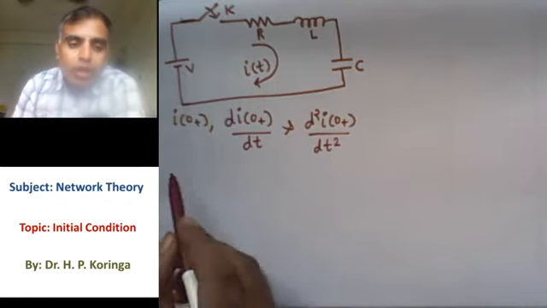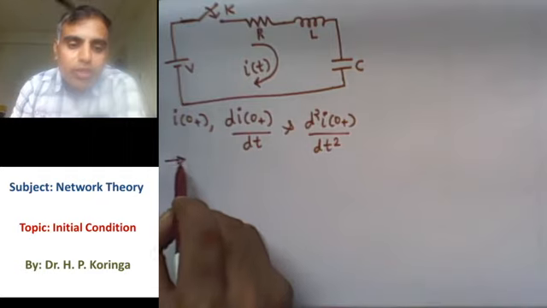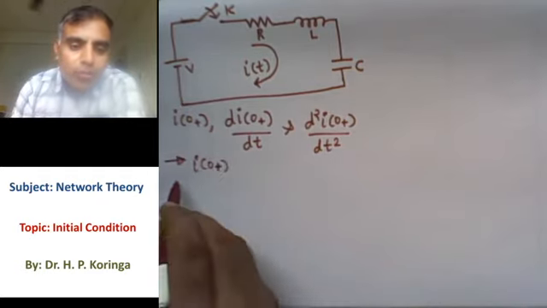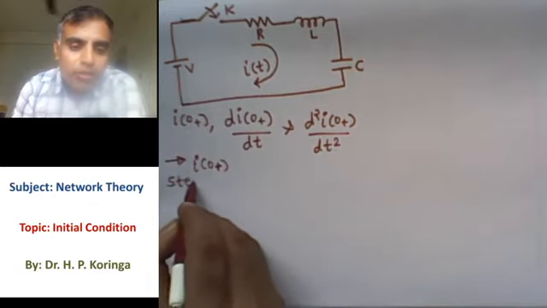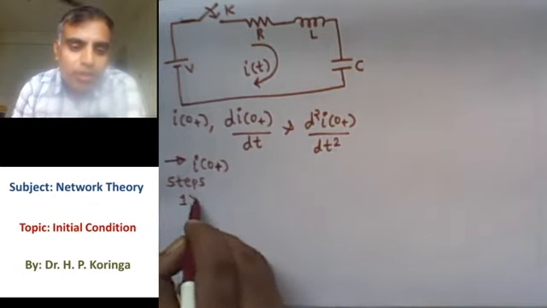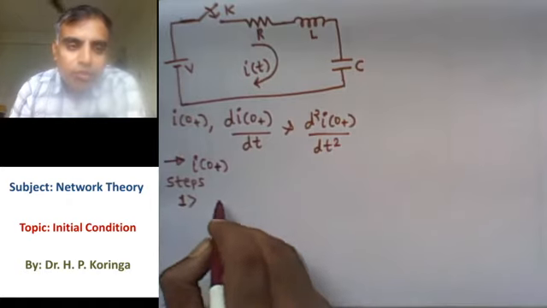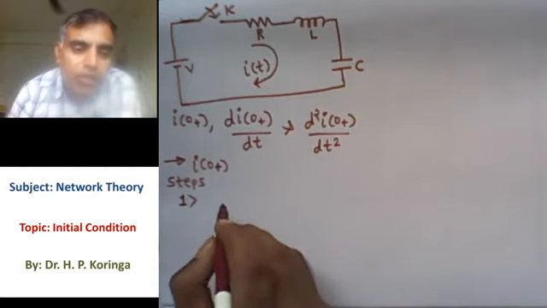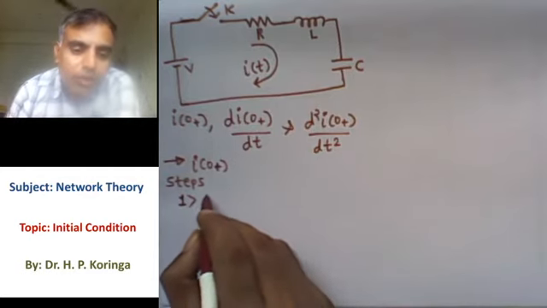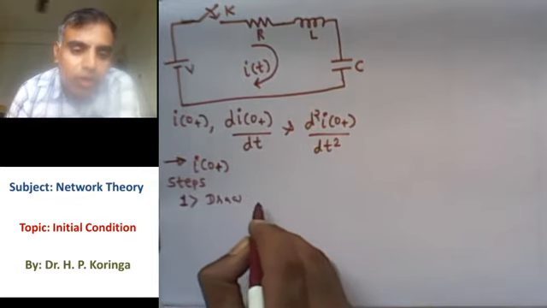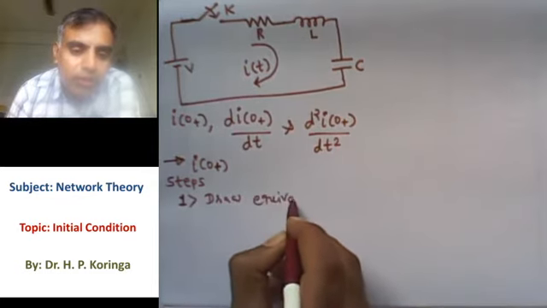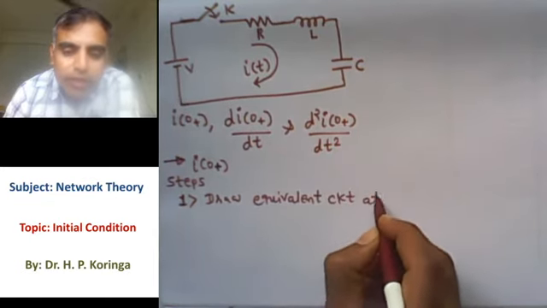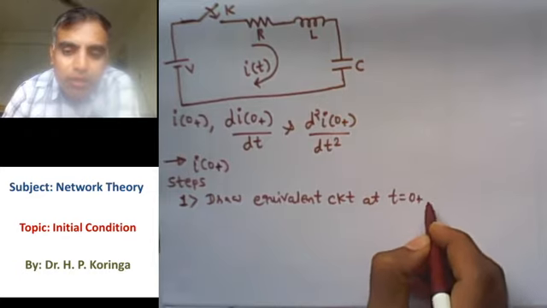Now to find I of 0 plus, the procedure has steps. First step is to draw the equivalent circuit at t equal to 0 plus time.